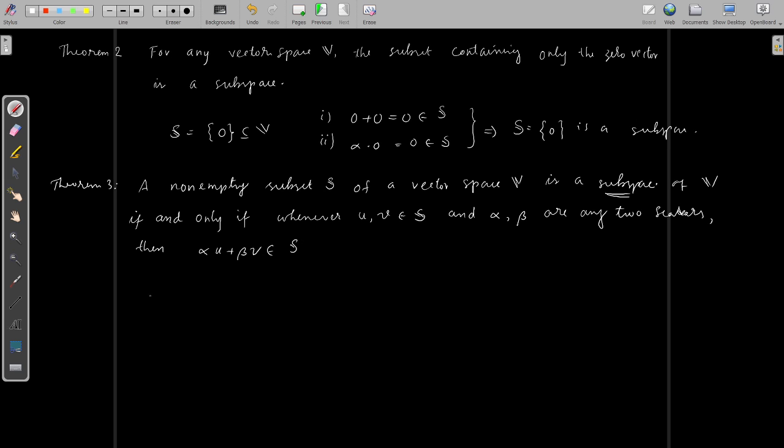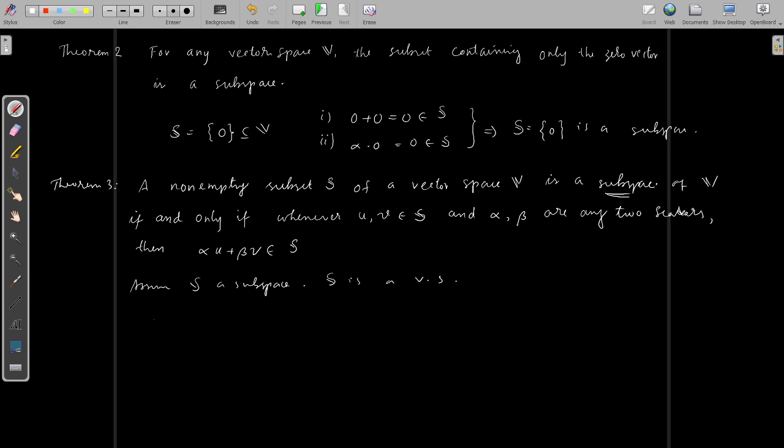First we prove it by assuming S is a subspace, then we can easily prove this one, and we'll prove the converse as well. So first we assume S is a subspace. Then S is a vector space.